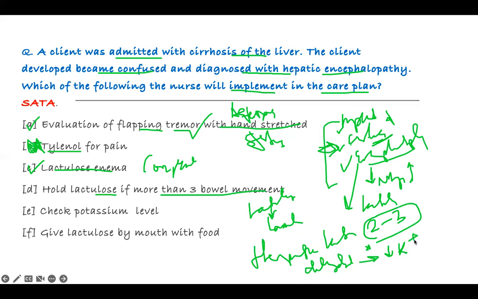So that is why this is very important. They get dehydration and hypokalemia. This is content you have to know. Therefore, with more than 3 bowel movements, yes, I should hold it because I've achieved my therapeutic value. If I go more than that, that will be a problem. So I should hold it. We should implement it. So that's right. Check potassium level.